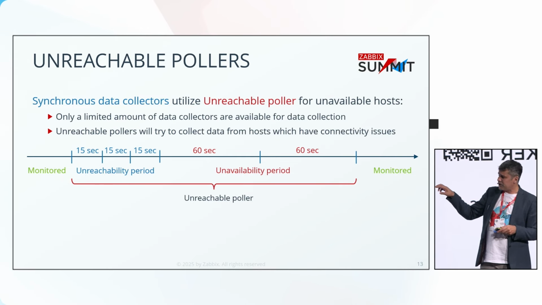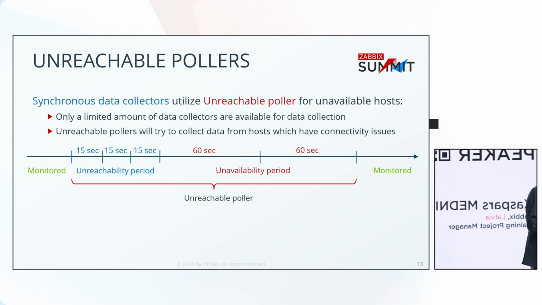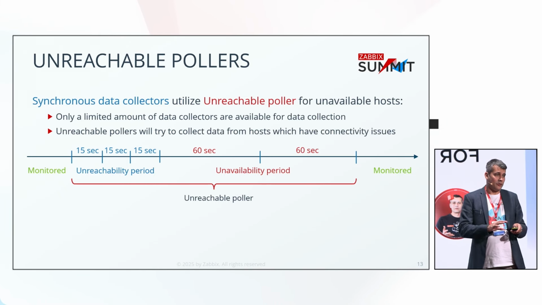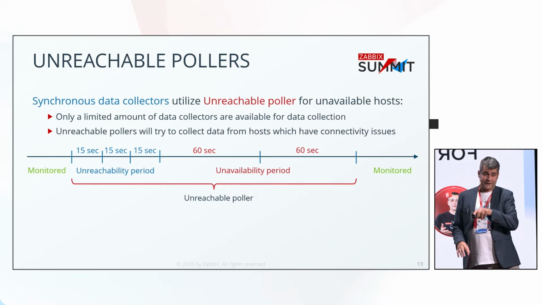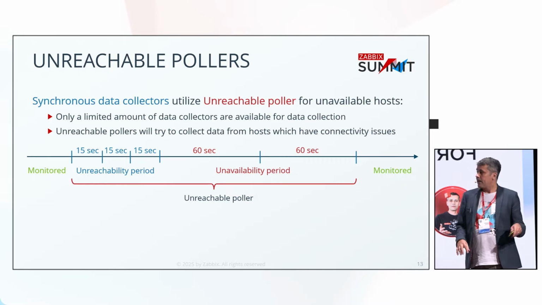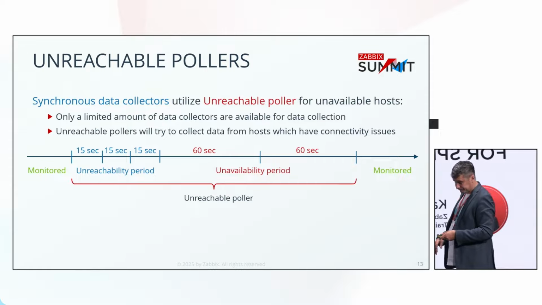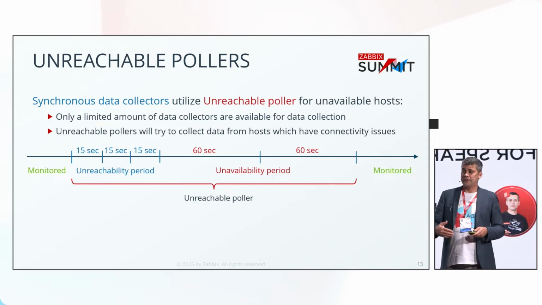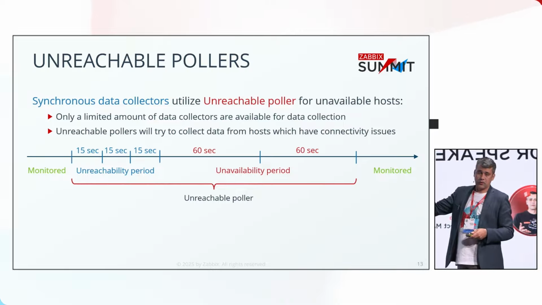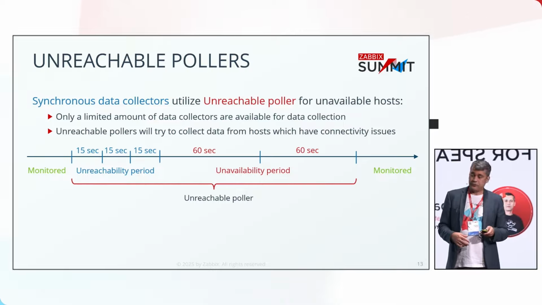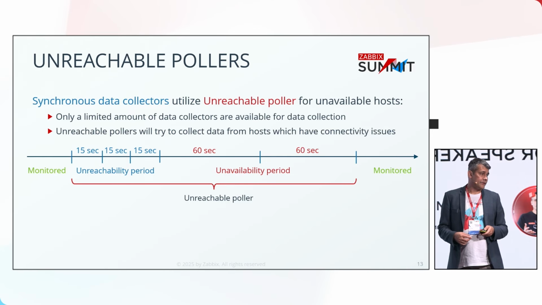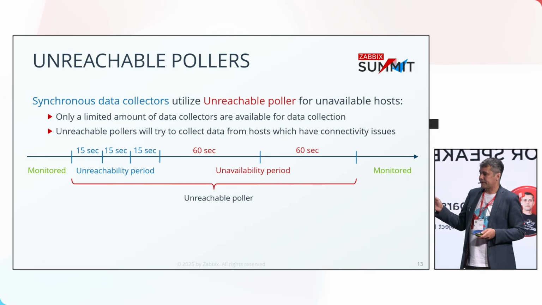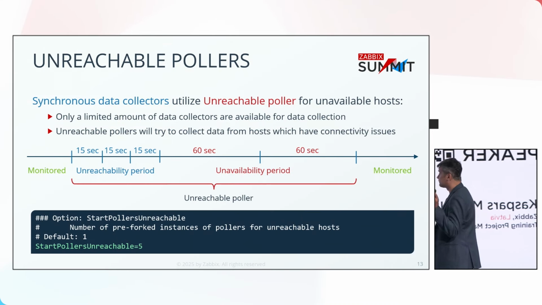Those unreachable pollers, you normally don't need them. If your network works perfectly, you don't need them at all. They are idle. But once the trouble begins, once the host goes offline, those unreachable pollers start handling all such hosts. Normal pollers collect metrics, and unreachable pollers work with the hosts that are unreachable. So you must always keep some reserve for potential issues with your network.